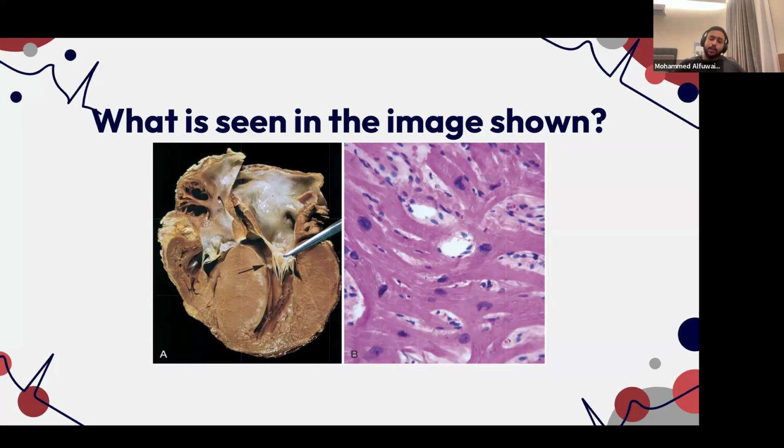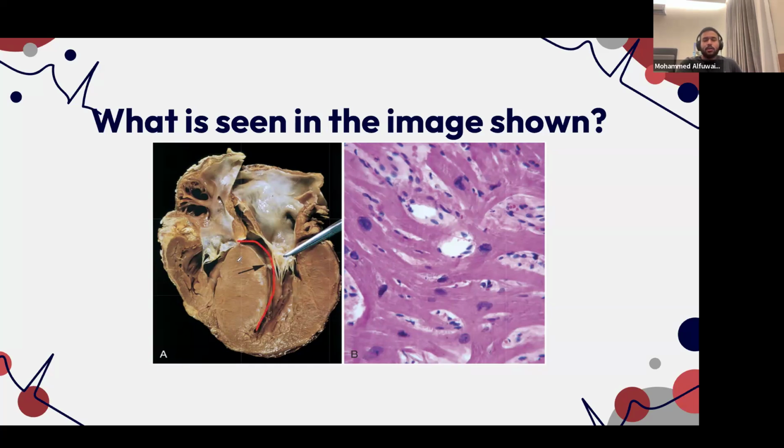Good. It's basically where you have haphazard myocytes, which is basically how to describe this. And typically, it's irregular, asymmetric hypertrophy, which has a septal predominance.